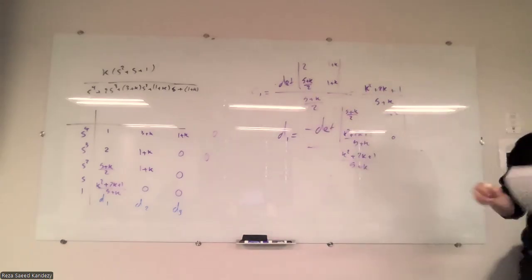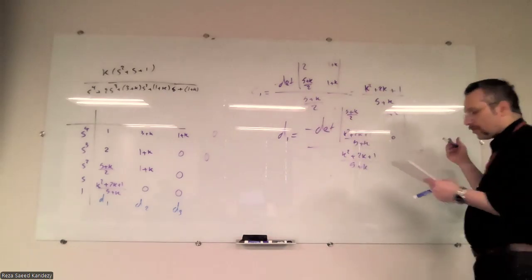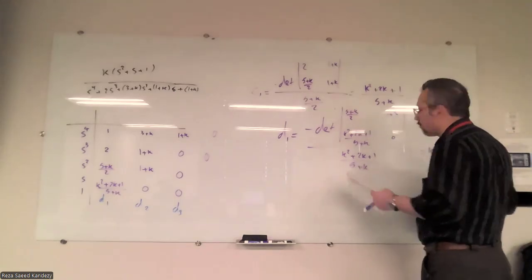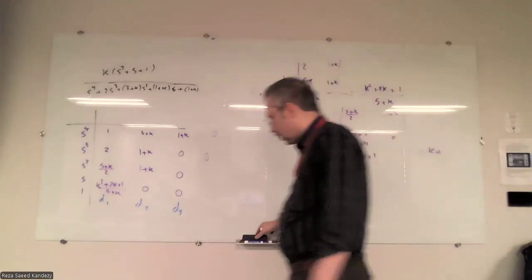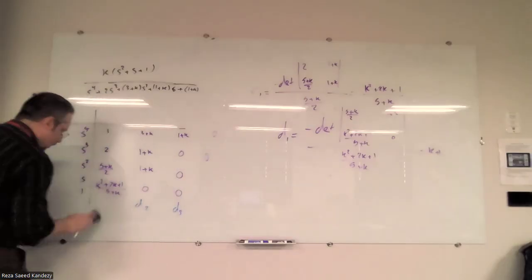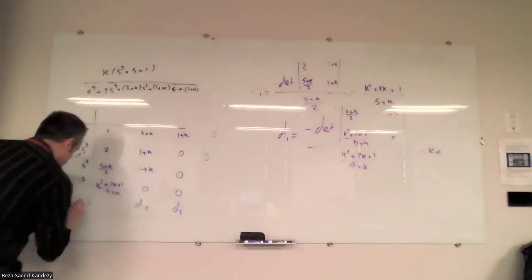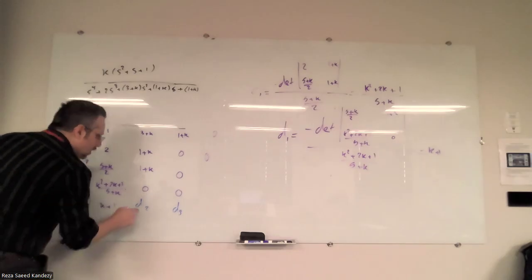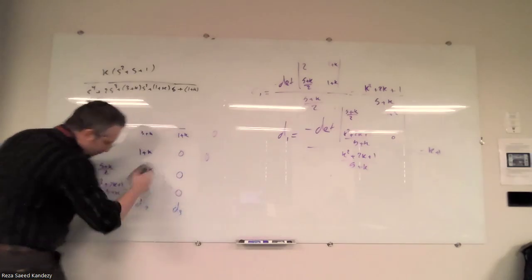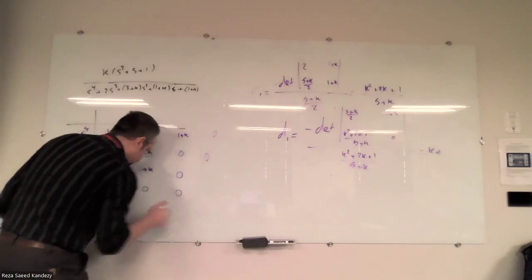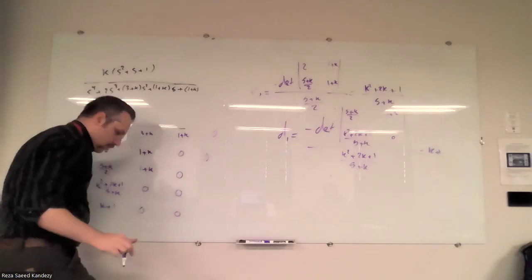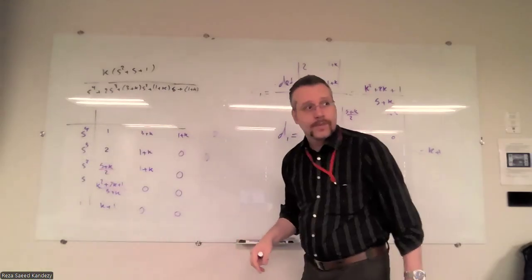Now, if you solve that, you are going to end up with k plus 1. Okay, so we are going to replace that with k plus 1. And D2 and D3, same situation, are going to be 0. Are we good so far?